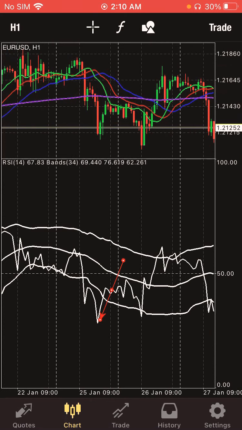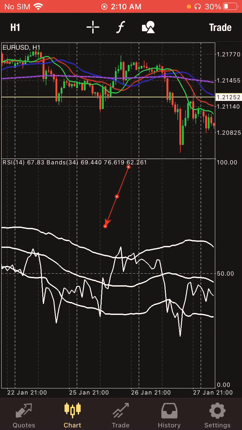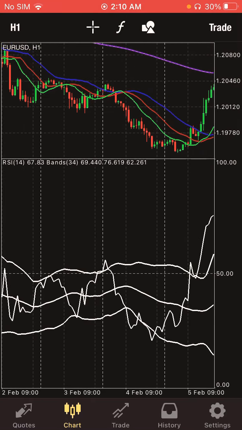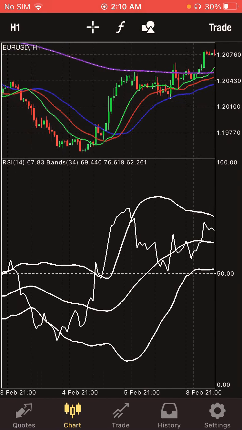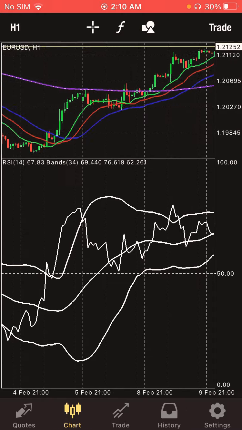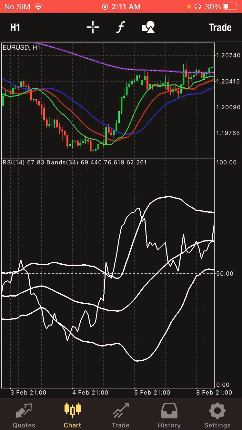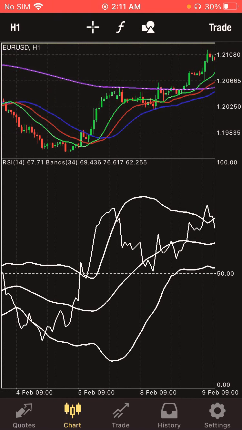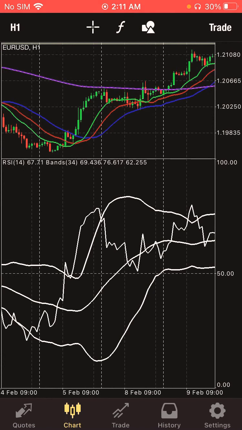So I know we all know that. So another thing is, when these lines are wide, we can assume that there's gonna be a lot of action. There's gonna be either a big uptrend or a big downtrend because the river is so big, right?